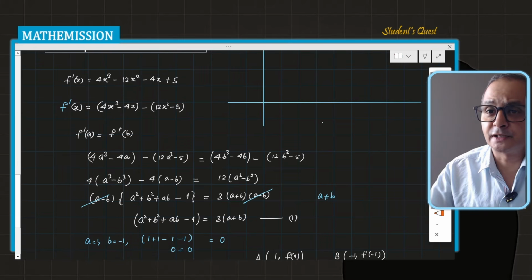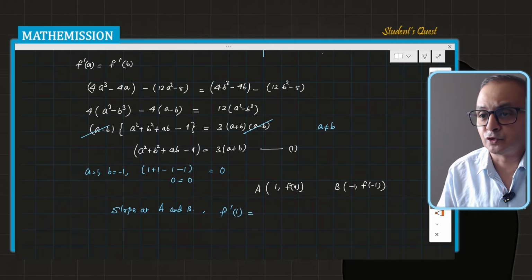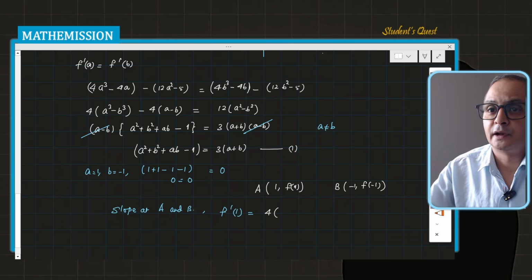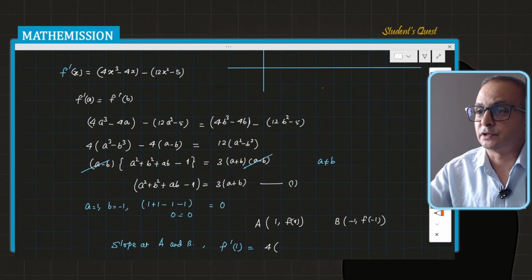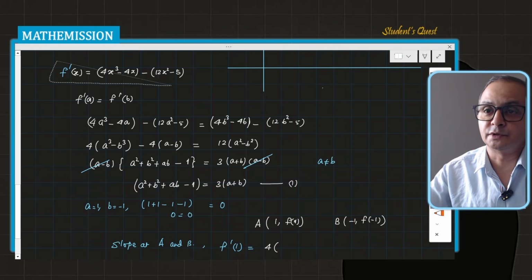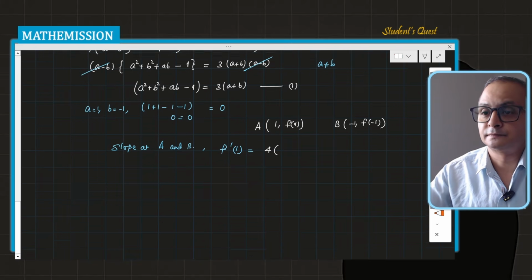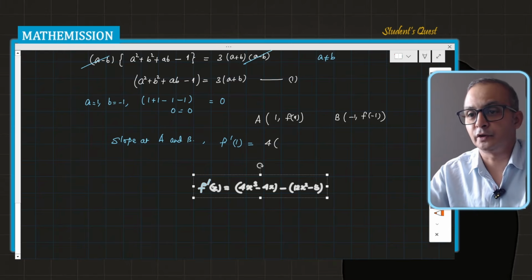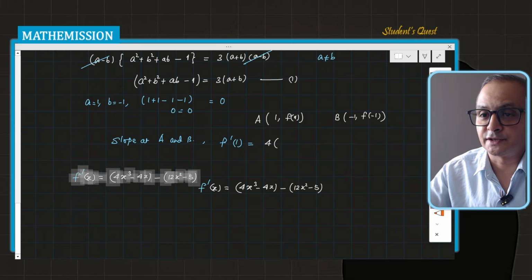Let's see, this is our expression, so we'll substitute that. Let me just take it there so that I can substitute it and you will see it better. So this is our f dash x, let's substitute it.